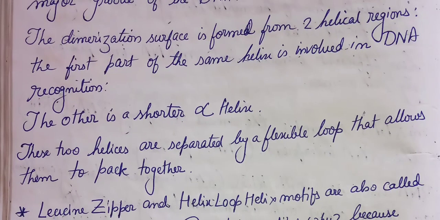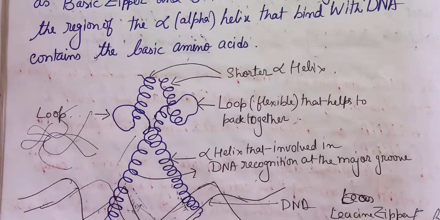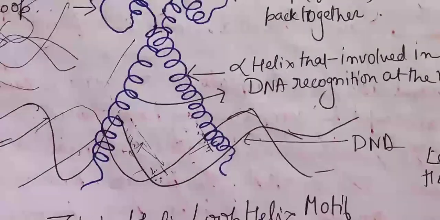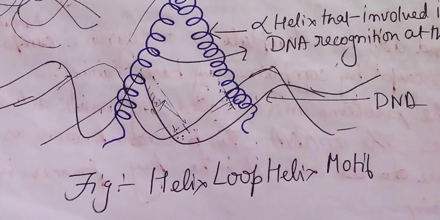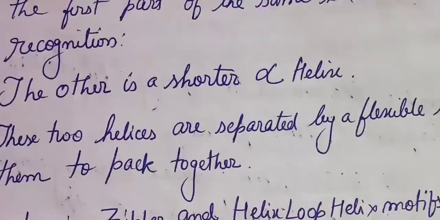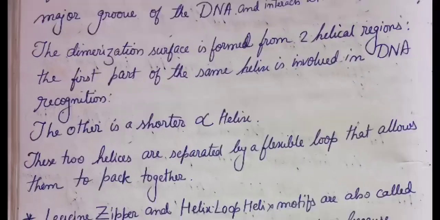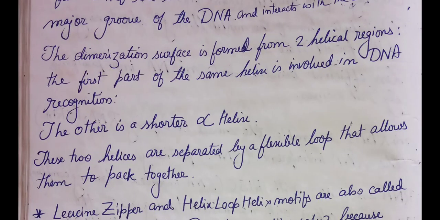So what I have said: the dimerization surface is formed with two helical regions. The other is a shorter alpha helix, and you can see a shorter alpha helix and a longer alpha helix. The longer alpha helix is involved in dimerization as well as in recognition with the DNA. The shorter alpha helix also helps in dimerization.